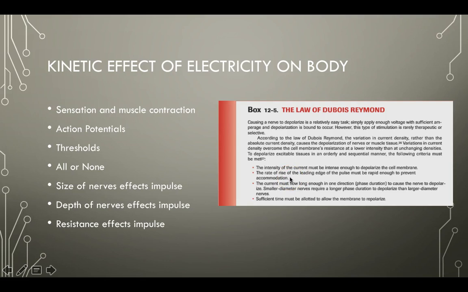We have to go fast enough that the body can't diffuse all those ions. The current must flow long enough in one direction to cause the nerve to depolarize. So that's the phase duration or potentially the pulse duration. Smaller diameter nerves require a longer phase duration or pulse duration to depolarize than the larger ones because of the resistance. And there has to be sufficient time allotted to allow the membrane to repolarize. So all that has to do with how the body responds to these electrical stimulations.